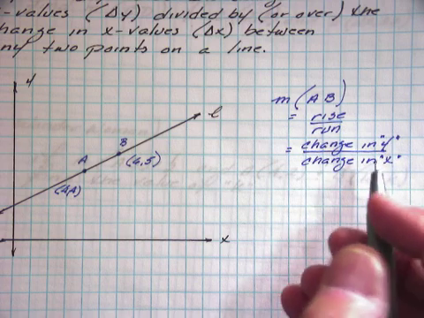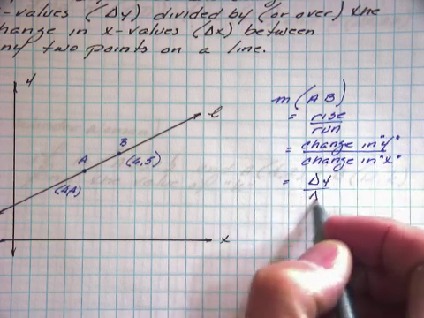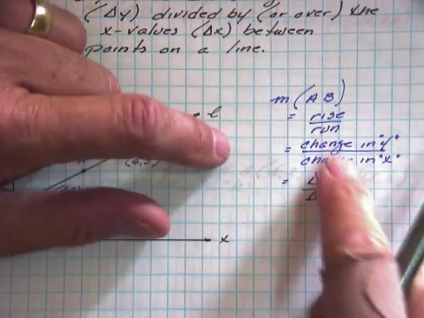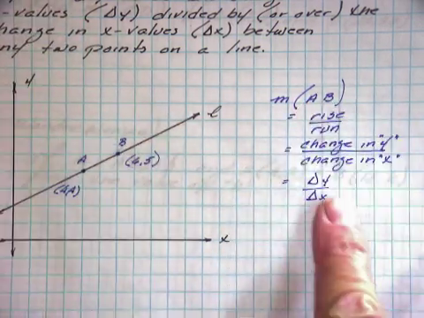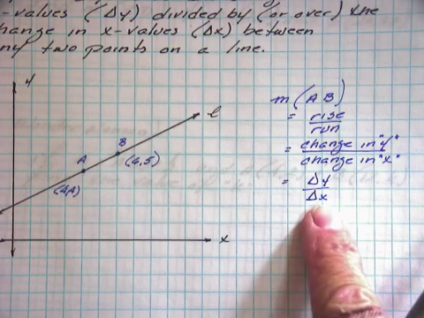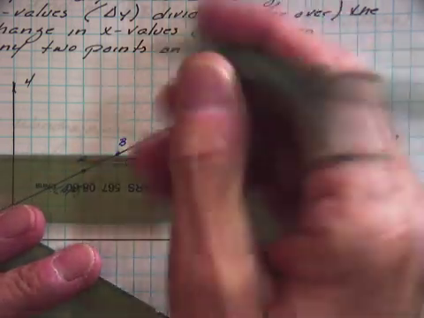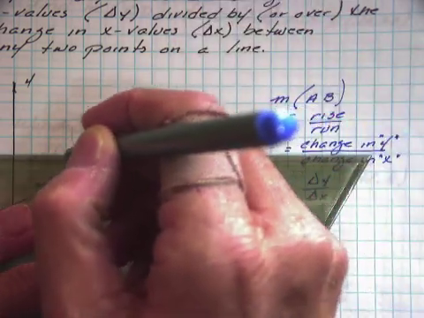And now using delta y and delta x, we can rewrite this as delta y over delta x. So the slope from A to B is the change in y over the change in x. So let's talk about the change in y first.